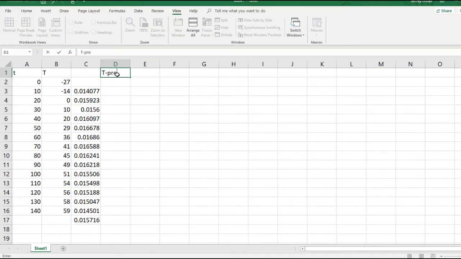There are certain predicted values that we can make then using our solution to the differential equation.